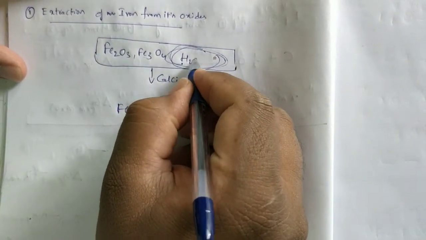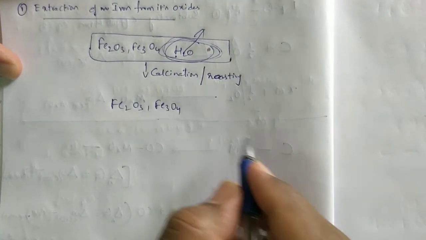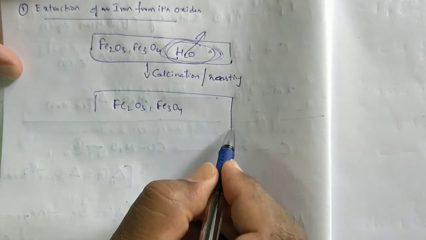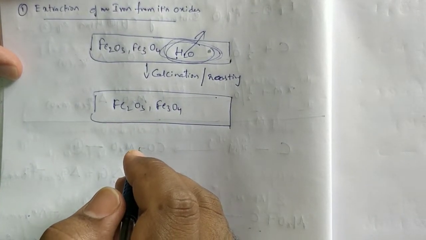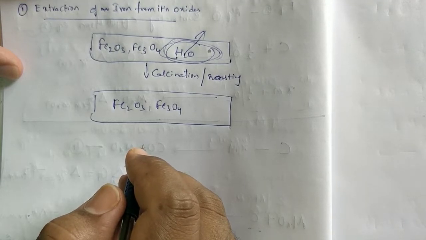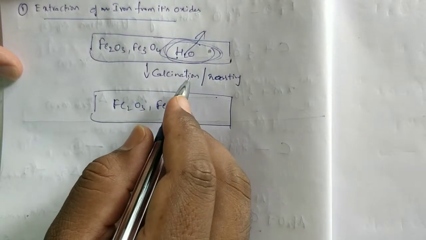Because any water present will be gone out by calcination and roasting. By using that, we will get purely metallic oxides, Fe2O3, Fe3O4. To remove water, to decompose carbonates and to oxidize sulfides, calcination and roasting will be useful.